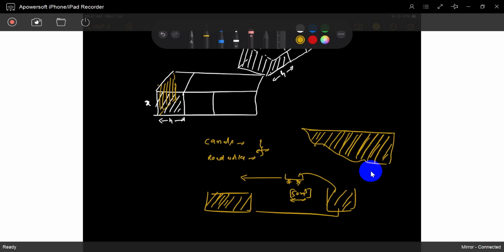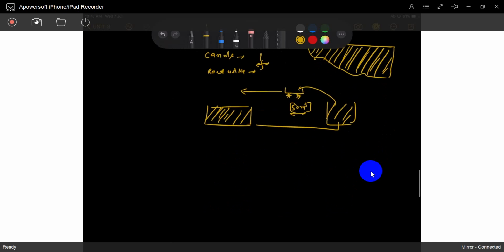In every place, if you see some embankments, I already said, these are the embankments. You have to place them like this, and we write like this.